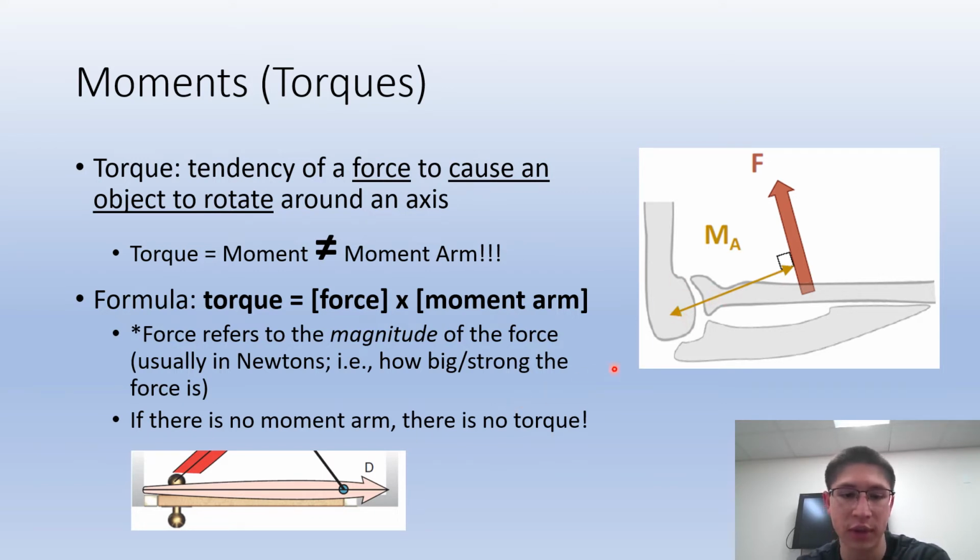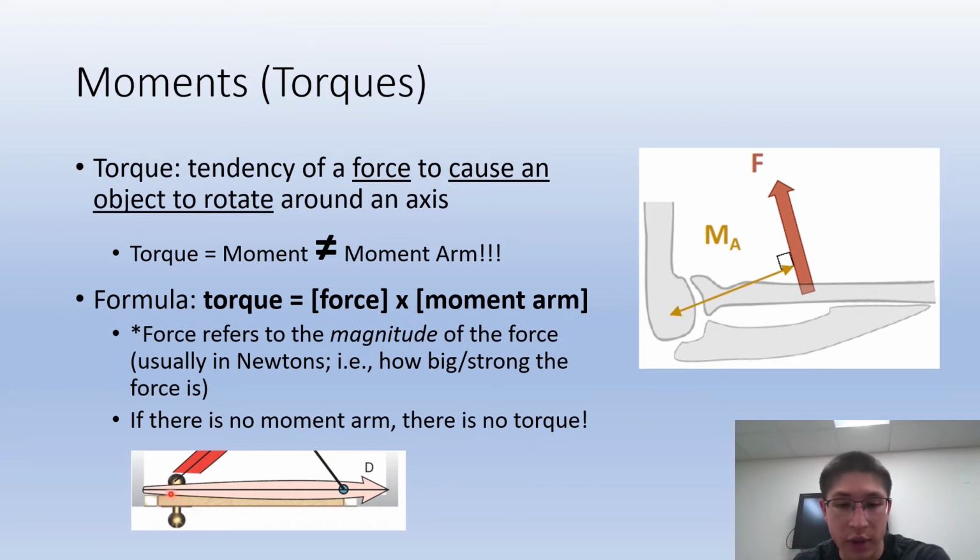Last thing to note for this slide is that because torque equals the force times the moment arm, if there is no moment arm, then you're not going to have any torque. So this picture here is from the last slide. It's the picture of when we're pushing on the door handle, but we're pushing in a direction so that the line of force goes straight through the hinges of the door.